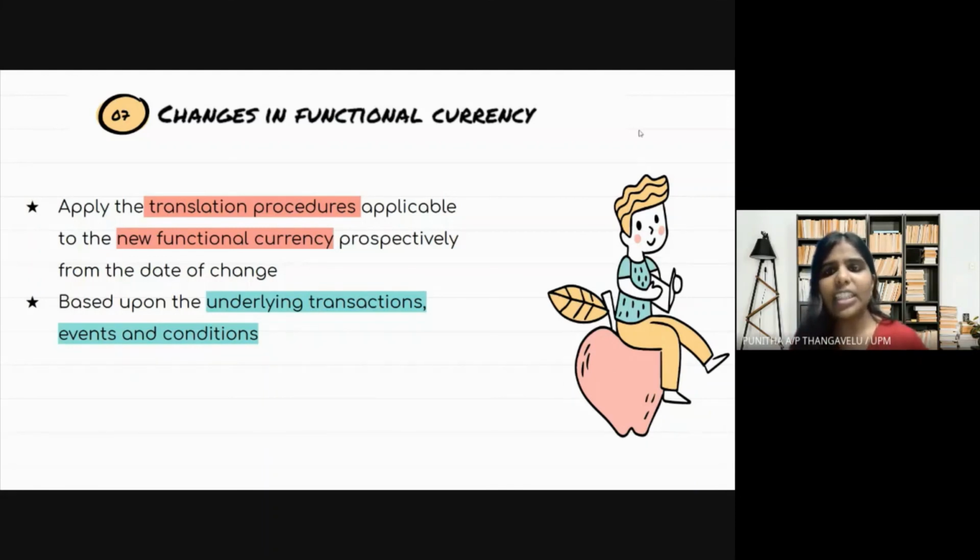So an entity changes its functional currency only when the underlying economic environment has changed. For example, changes in the currency for sales of goods may lead to a change in an entity's functional currency.